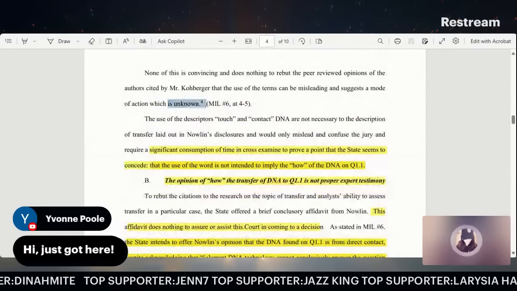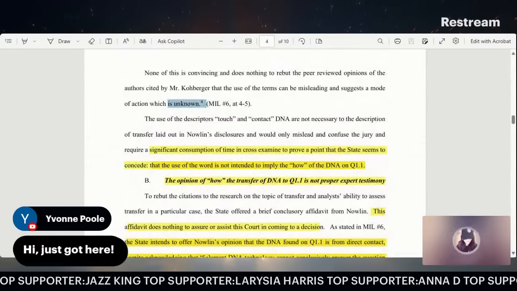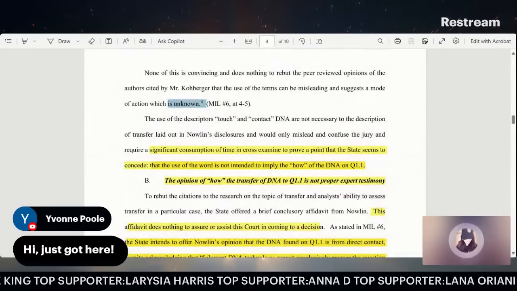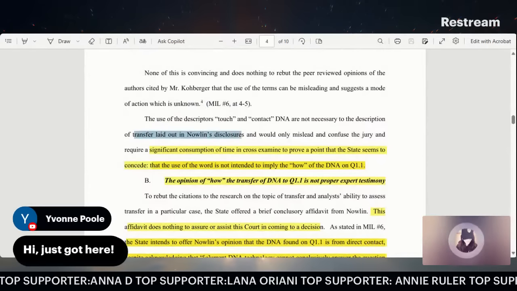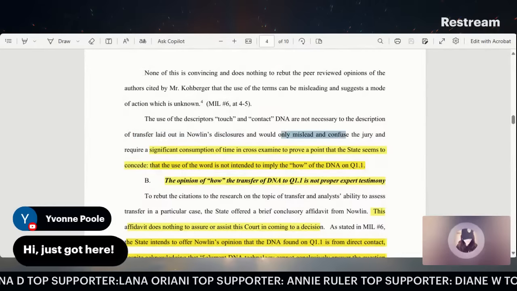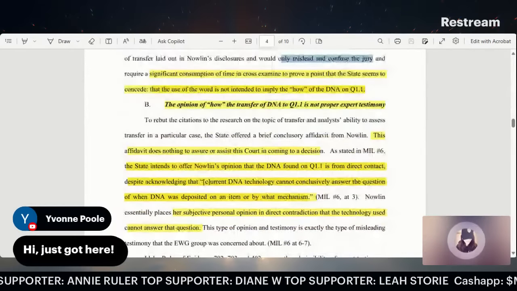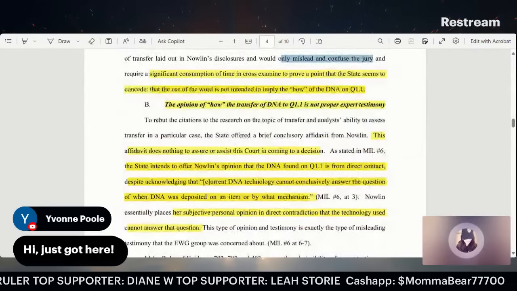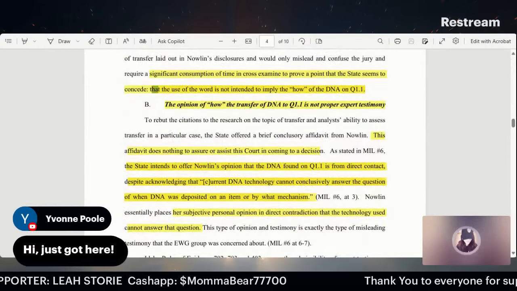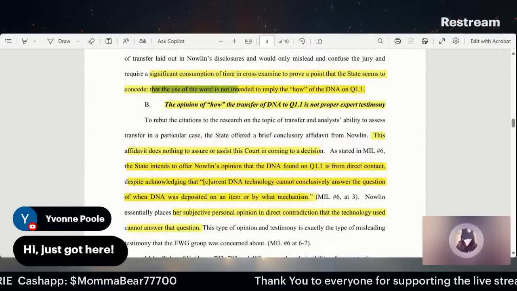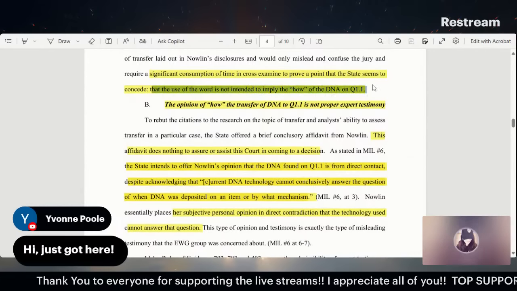Footnote 4. Okay, cool. The use of the descriptors touch and contact DNA are not necessary to the description of transfer laid out in Nowlin's disclosures and would only mislead and confuse the jury and require a significant consumption of time and cross-examination to prove a point that the state seems to concede, which is that the use of the word is not intended to imply the how of the DNA on Q11.